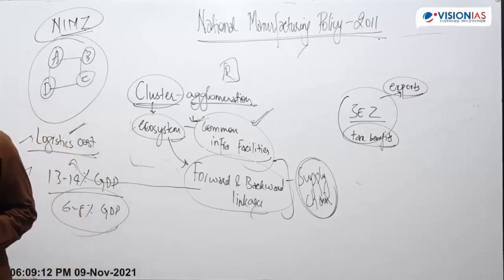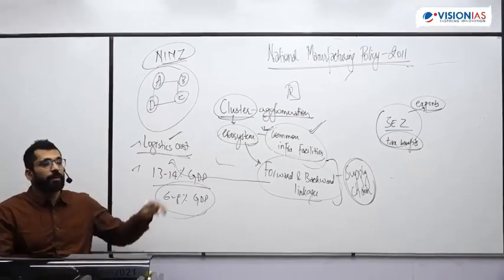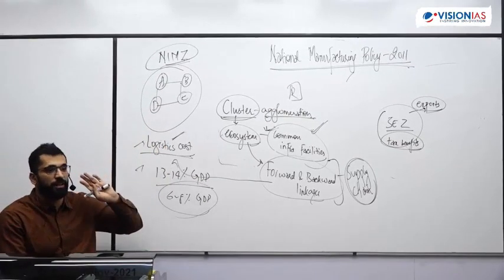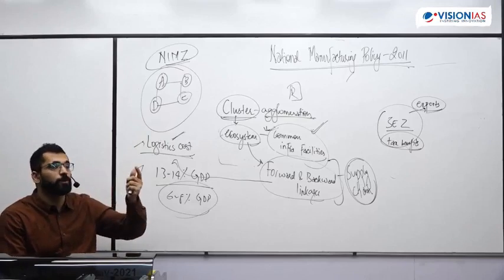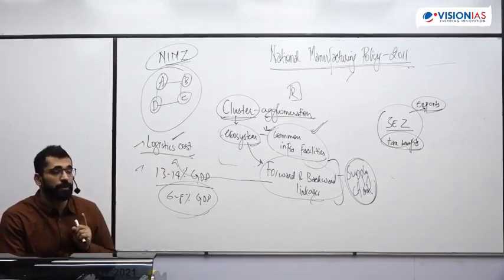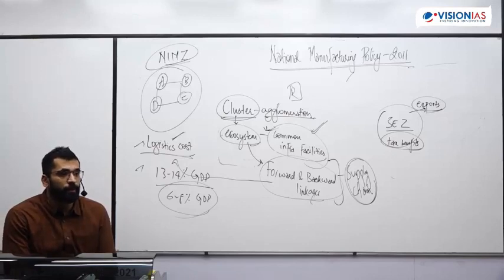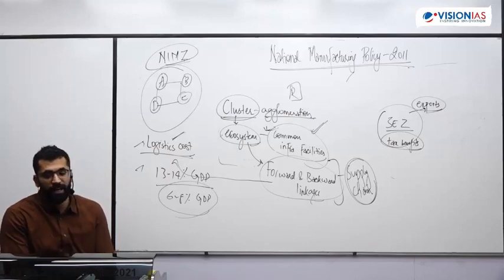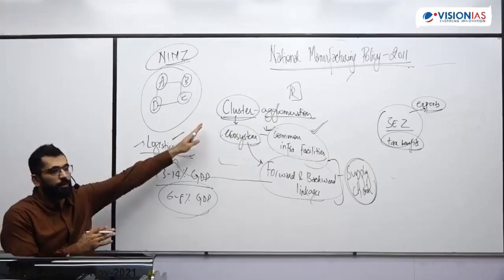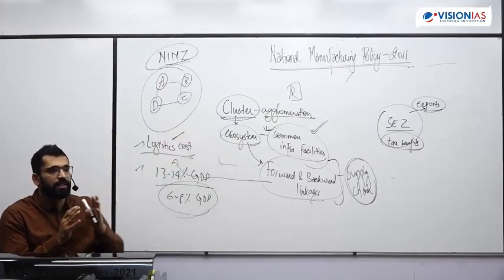So now what exactly was the policy talking about? The difference between NIMZ and SEZ was, NIMZ was talking about manufacturing in the country only. Yes, you can do exports, but it is not specifically exports. It could be export also. The purpose is creating agglomeration. Purpose is creating a cluster.